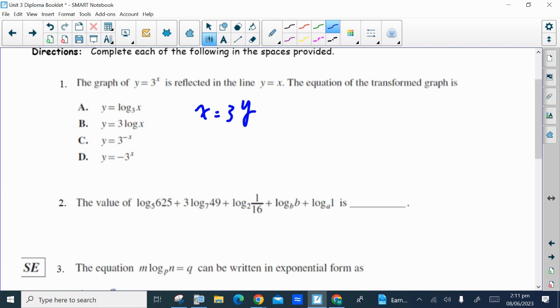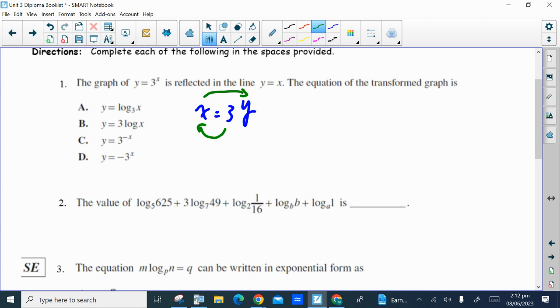If you look at the four choices, they all have y by themselves, so that's what we need to do. To do that, we will convert from exponential to logarithmic by starting with the base and cycling through.